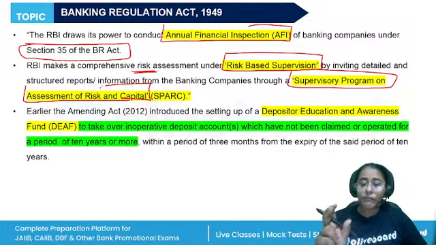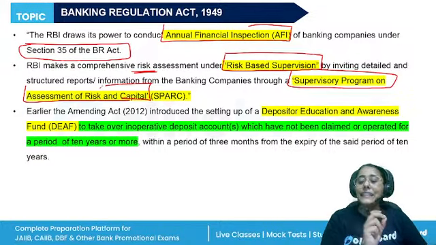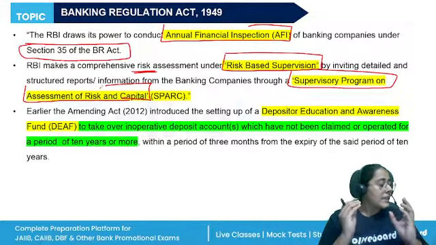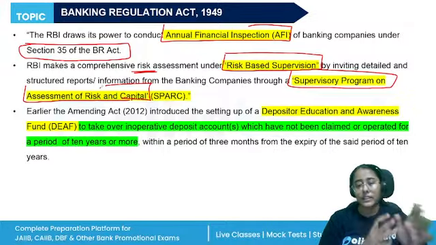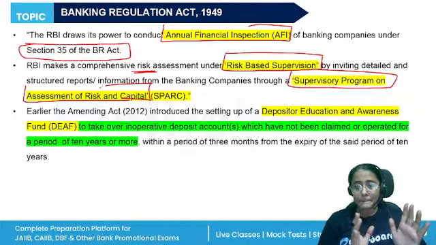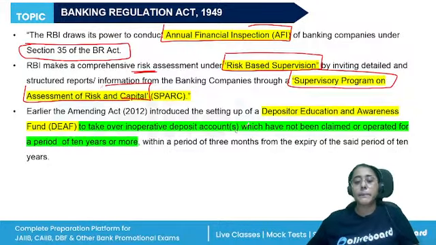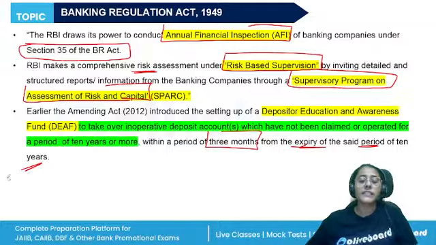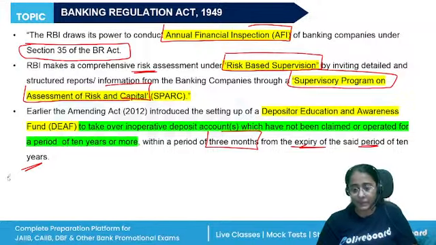A separate fund will be maintained, the DEAF, and it will be used to generate or spread awareness to the customers, right? And it is to be done within a period of 3 months from the expiry of the said period of 10 years. Again, it is a detailed concept.